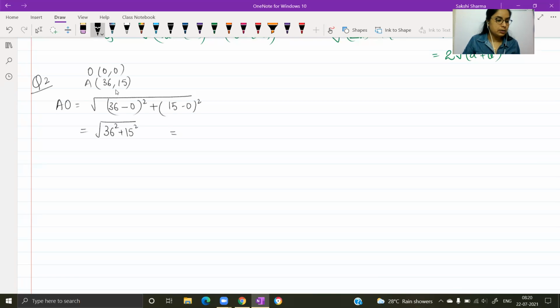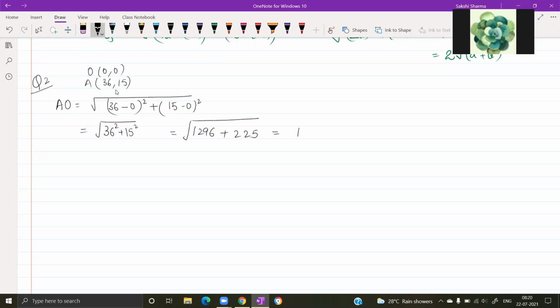So simplifying, can you calculate what's the answer? 39. Okay, the simplified answer is 39. So if these were 2 points in general, the answer would be given as 39 units.